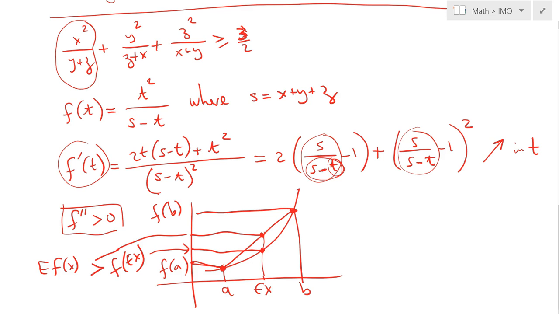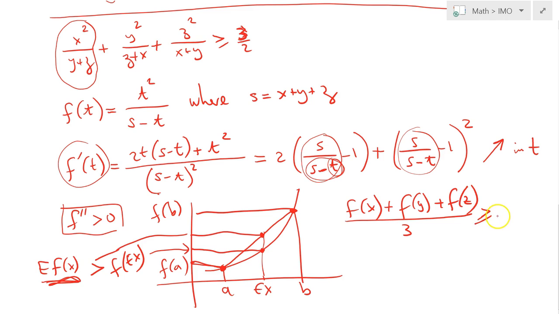So therefore, long story short, the left hand side, f of x plus f of y plus f of z over 3 is greater than or equal to f of x plus y plus z over 3. But x plus y plus z, we decided to call it s, so that's simply equal to f of s over 3.